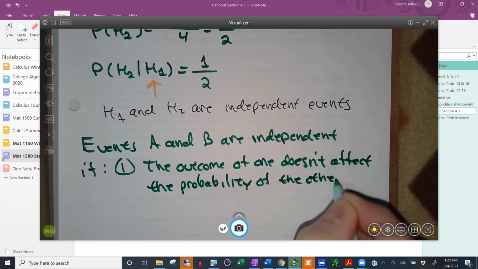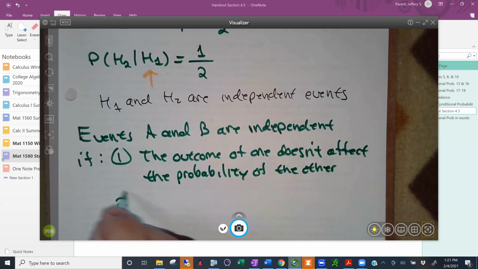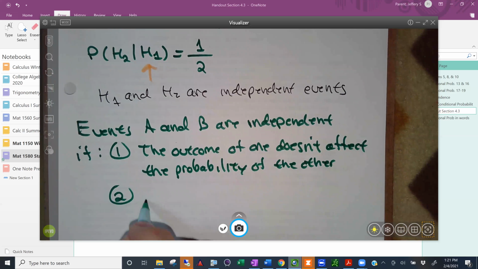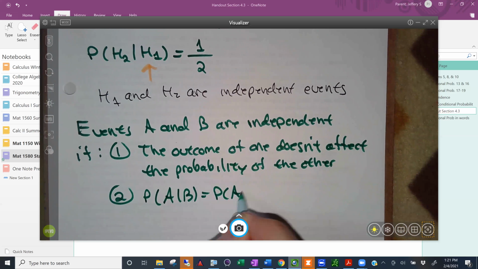So that's one way. Or if you wanted to write it with notation, that'd be probability of A given B equals the probability of A. That is, if I tell you that B occurred, it's not going to change the probability that A occurs. They'll just be the same.